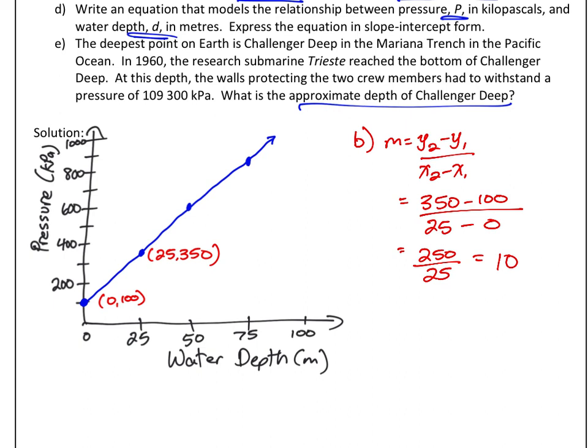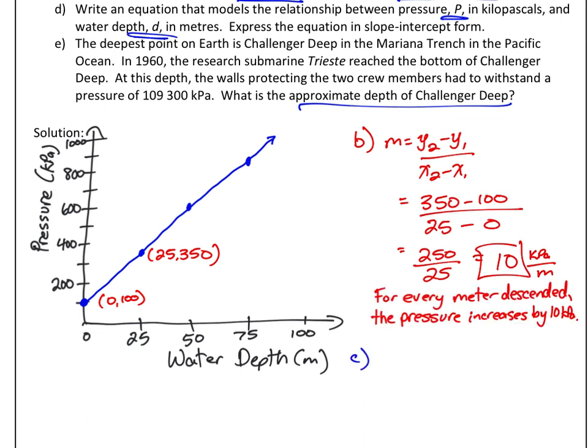So for the slope equal to 10, the rise is in kilopascals and the run is in meters. So it's 10 kilopascals change per meter of depth change. So that's what your slope represents. It means for every meter that is descended, the pressure increases by 10 kilopascals.